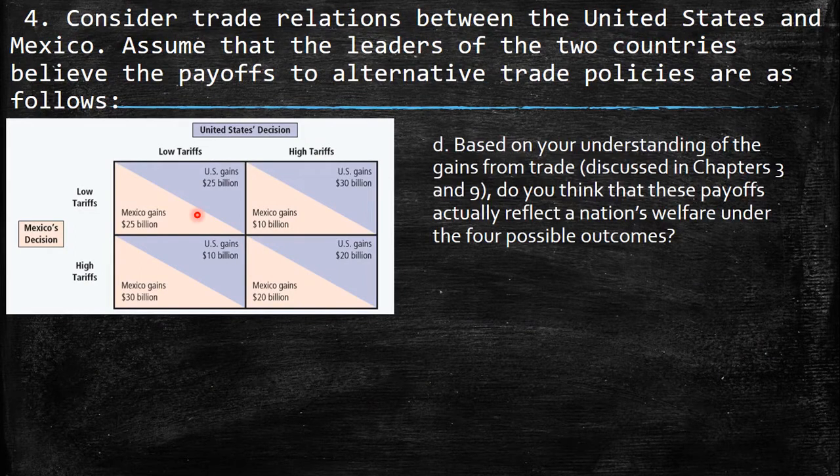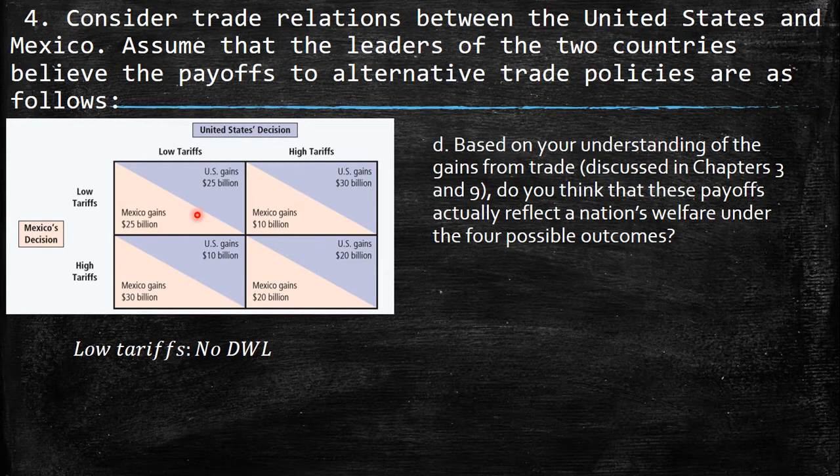Then, based on your understanding of the gains from trade discussed in chapters 3 and 9, do you think that these payoffs actually reflect the nation's welfare in the four possible outcomes? Well, remember, if we have low tariffs, or zero tariffs, there is no deadweight loss.